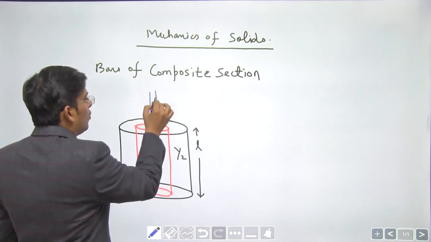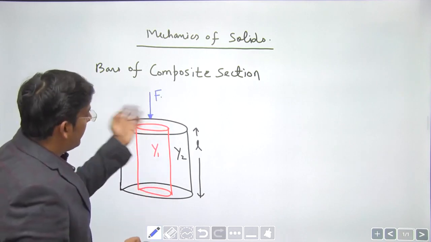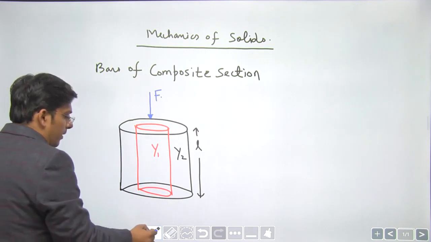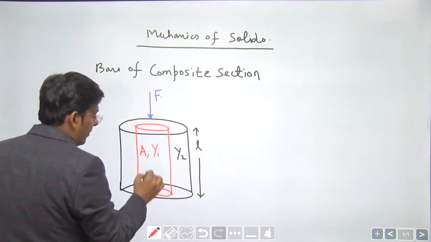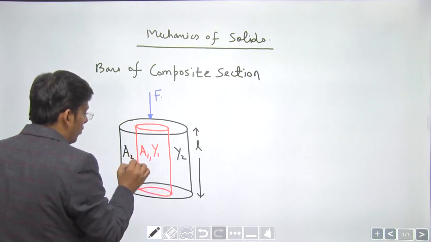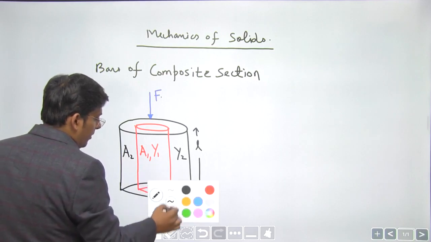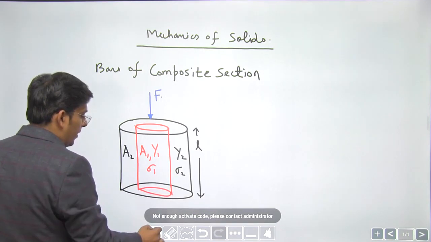So how much load will be shared by this bar and by the remaining outer portion of the bar? Let us assume that the area of this red portion is A1 and the area of this black portion is A2, dear students. Stress in this portion is sigma 2 and stress in this portion is sigma 1, right?